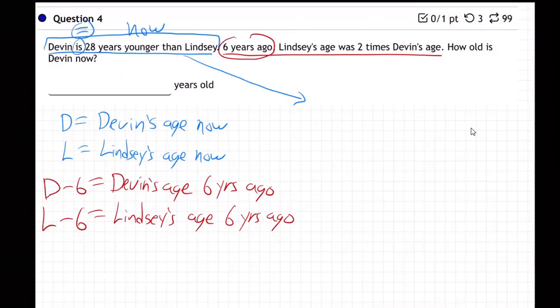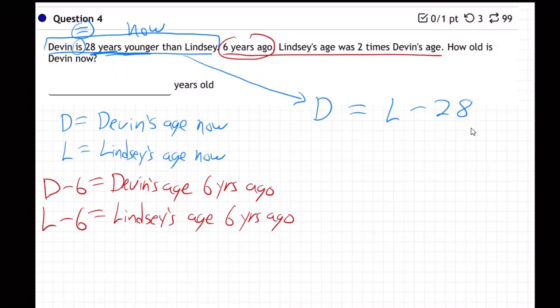That's our equal sign. Devin equals 28 years younger than Lindsay. Lindsay minus 28. All right, 28 years younger. So minus 28, Lindsay minus 28.